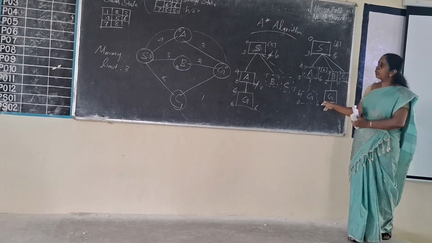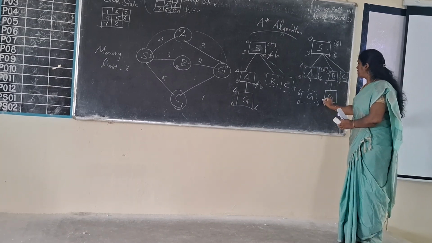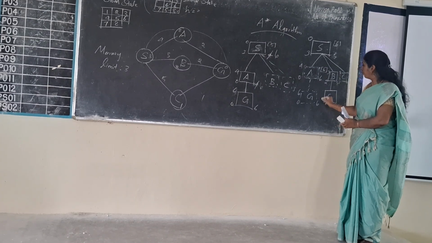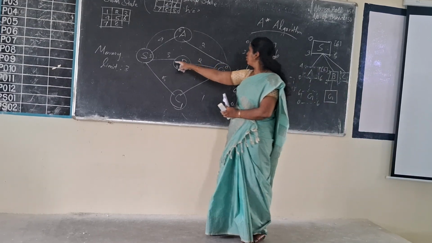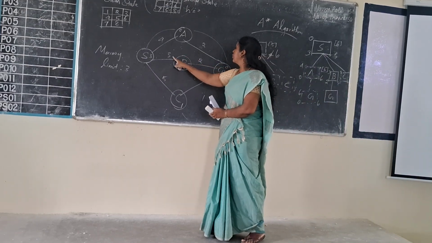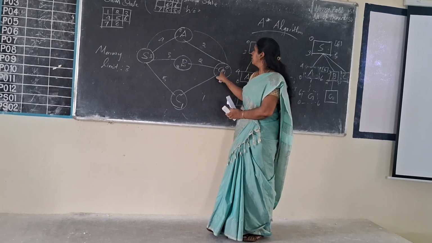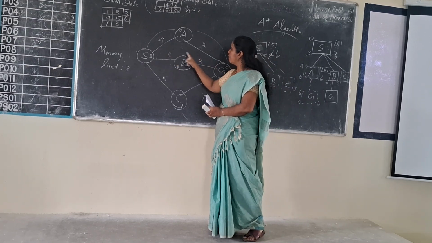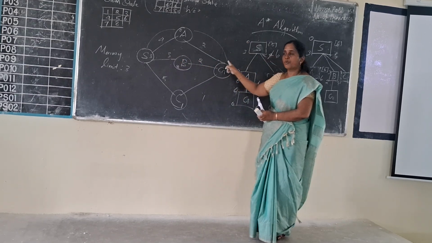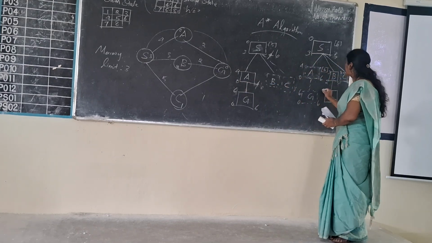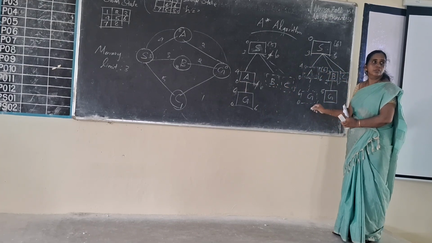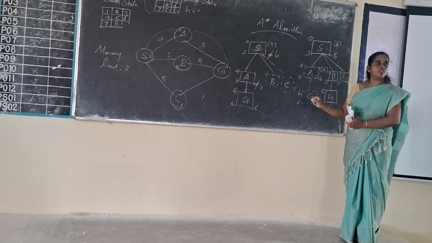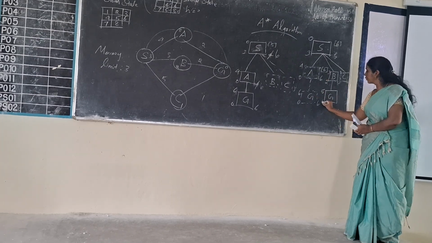Then when you include G, again write the g(n) value and h(n) value. The g(n) value is from S to B 3, B to G 2. So when you add these two values, 5. So 5 is the g(n) value. Then the h(n) value. The h value for node G is 0.